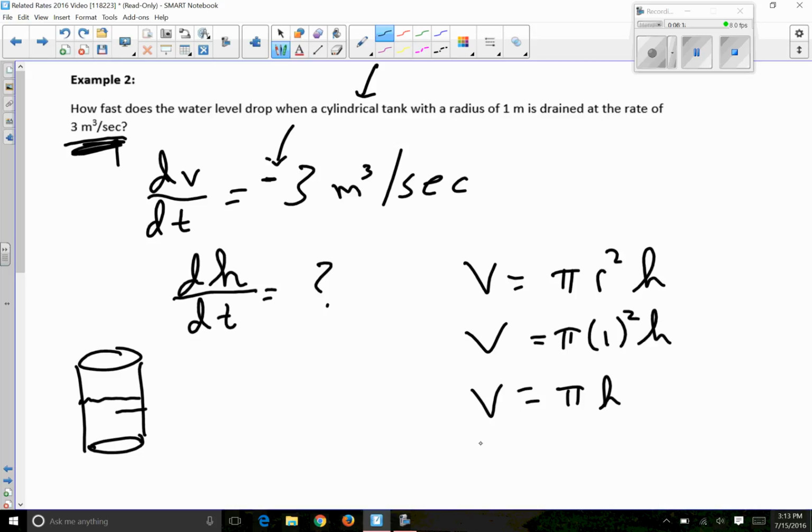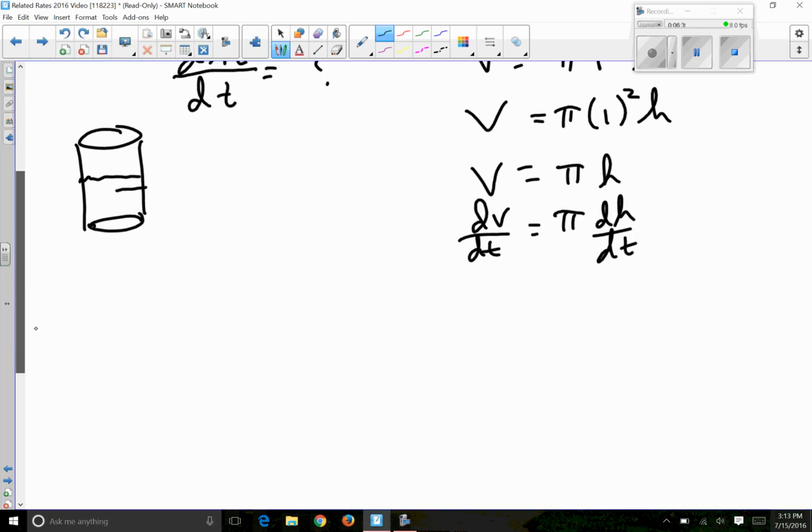Differentiate both sides implicitly. The derivative of the left side with respect to time. The derivative of the other side is going to be pi times dh/dt. And now where the dV/dt is, we're going to put -3. And where dh/dt is, we're going to put dh/dt.